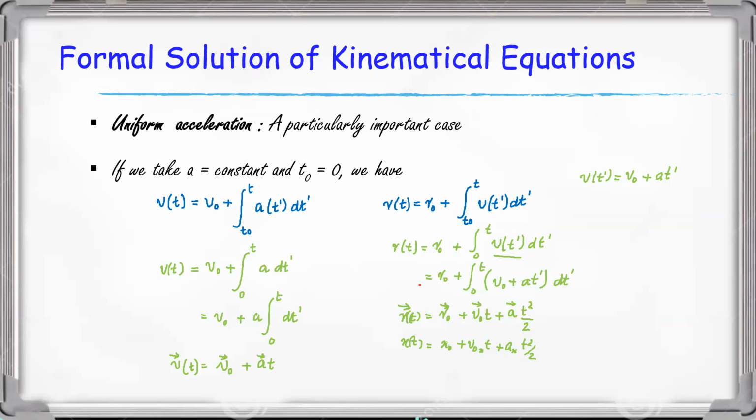It is in the x direction. Similarly, y of t is equal to y0 plus v0y into t plus ay t square by 2.